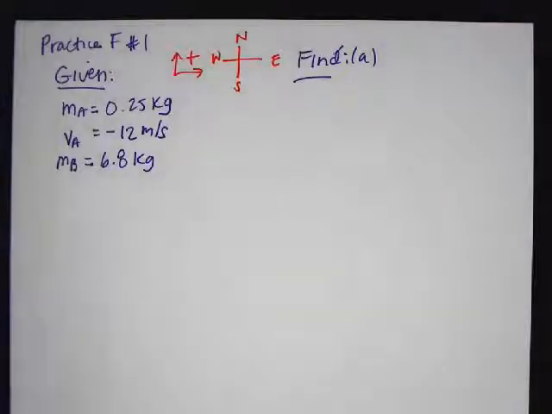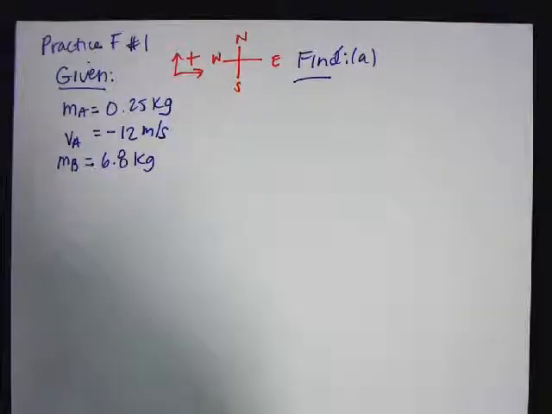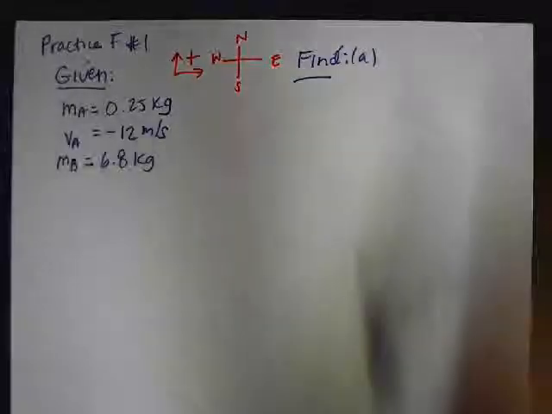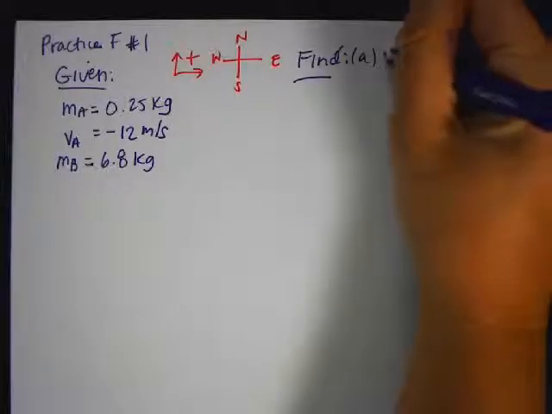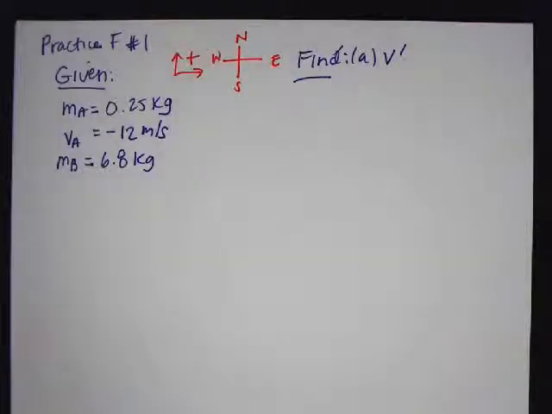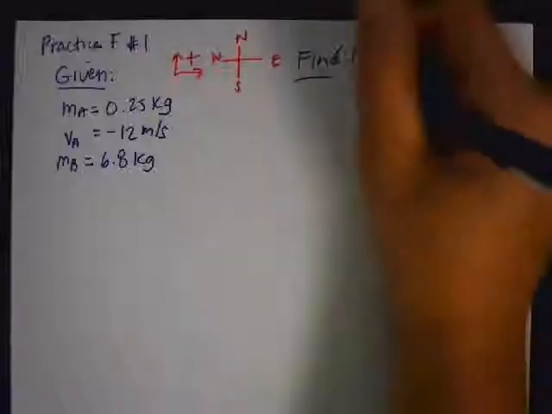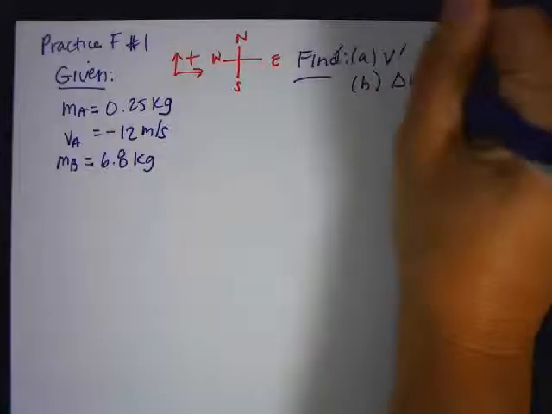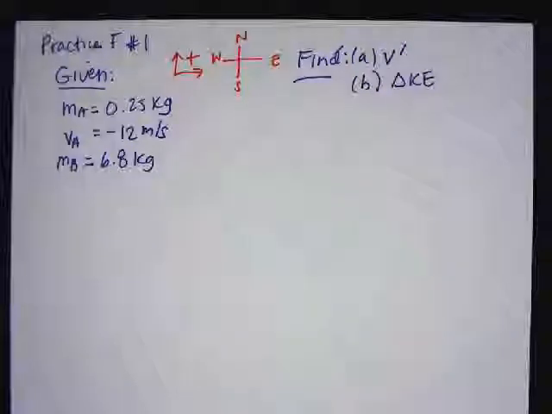If I have an arrow and it's moving along and then it hits a target, the arrow is embedded in the target, so they move together as one combined mass. So my final velocity is going to be V prime. B, what is the decrease in the kinetic energy during the collision? So I actually want to find the change in the kinetic energy.